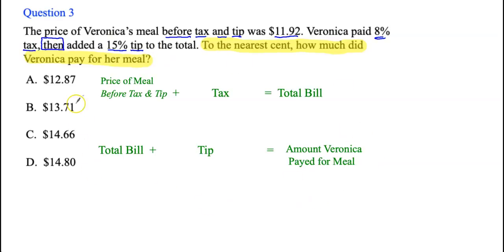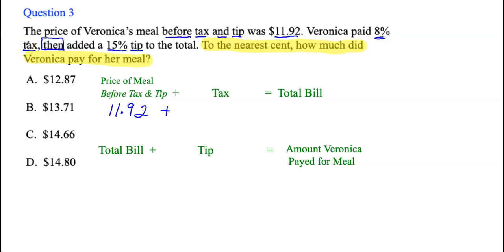I put some stuff in green to help guide us along with this problem. So to find the total bill, I need to take the price of the meal before the tax and the tip, and then add on the tax first. So what is the price of the meal before tax and tip? It's right here. It's $11.92 plus the tax. Well, it says the tax is 8% right here.